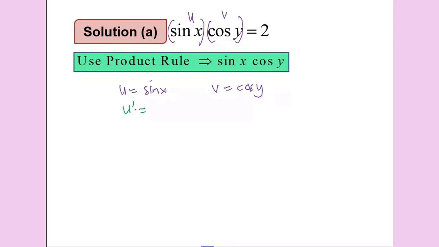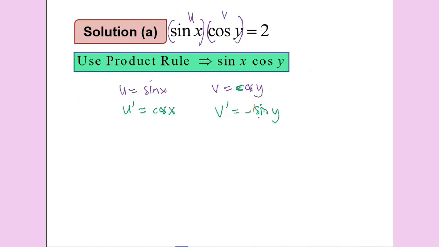U prime. Itu jawapan jujur from Gajah F. Okay, and cos x. Okay, so this one is x kan, sin kan, dia tak ada negatif lah. Okay, and then v prime, cos y dapat negatif sin y.